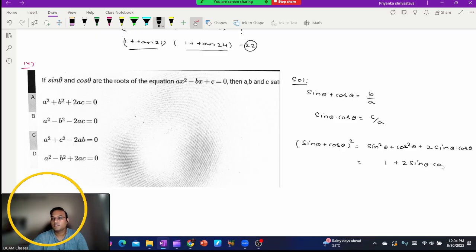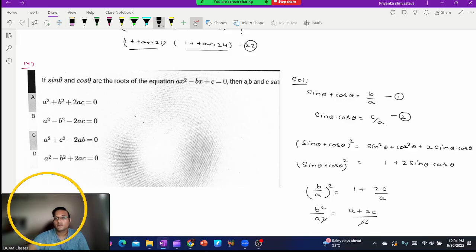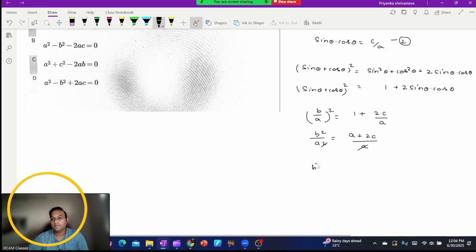I'll put these values of sin theta using these two equations. This is B by A whole square is equal to 1 plus 2C by A. So B square by A square is equal to A plus 2C by A. So it will become B square is equal to A square plus 2AC.